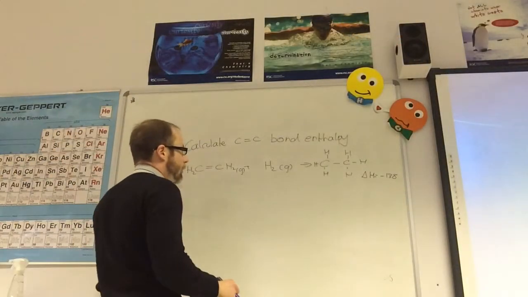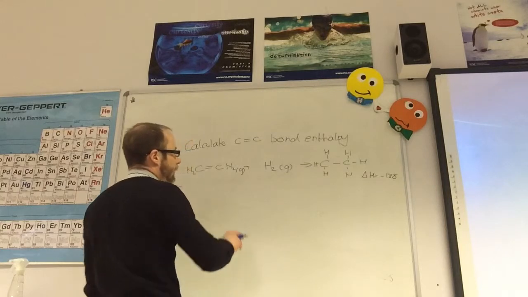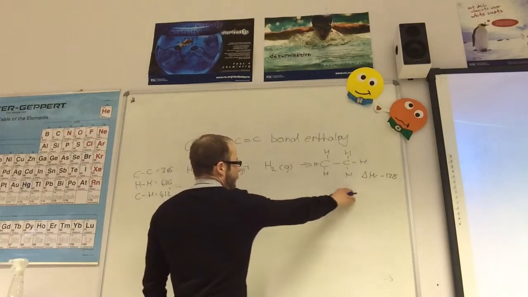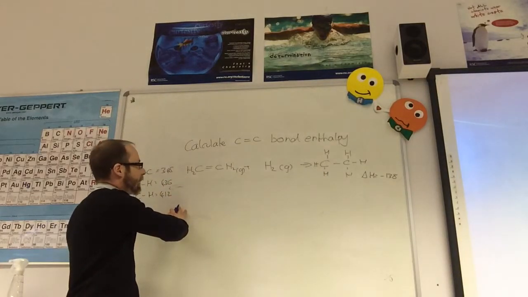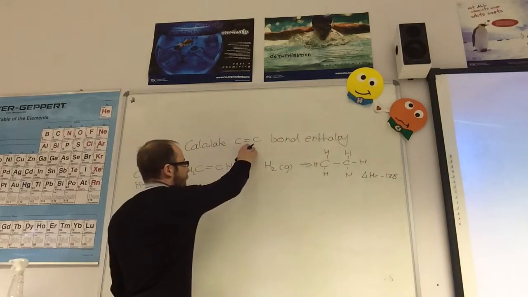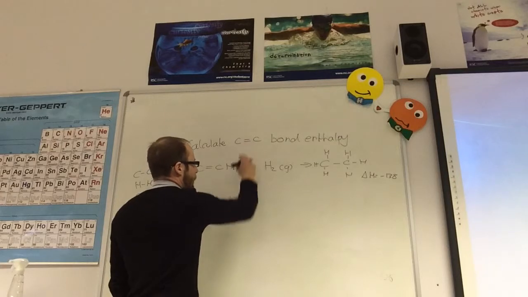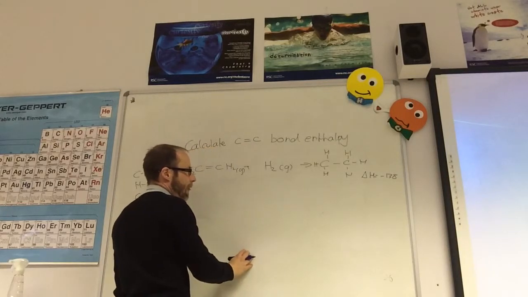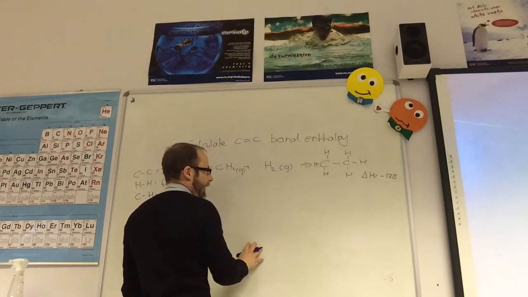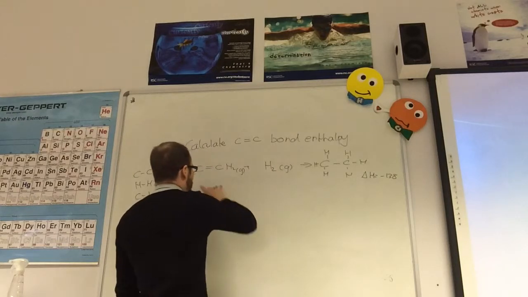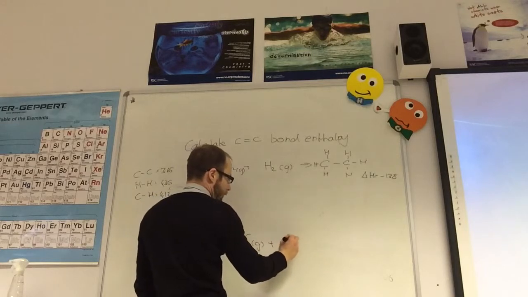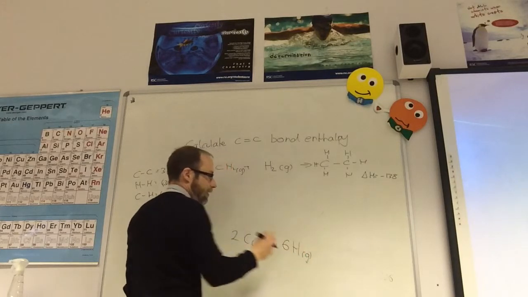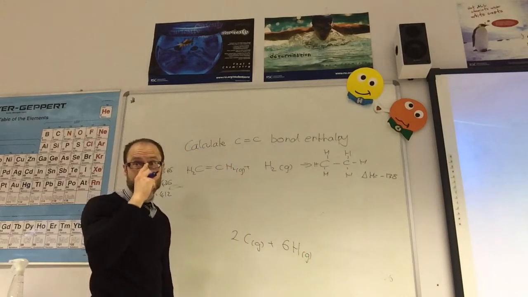So the idea of this question is it's given me delta H for this reaction. It's given me some bond enthalpies here, and it wants me to calculate the carbon-carbon double bond. So down the bottom, I'm going to put the gaseous atoms. I've got 2 carbons, and I've got 6 gaseous hydrogens, like so.